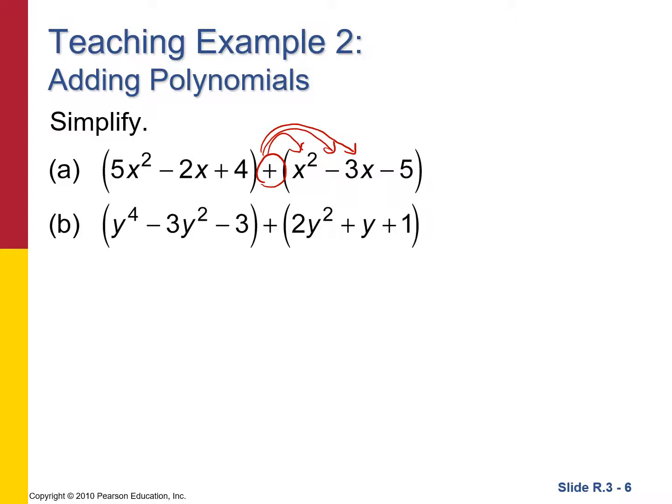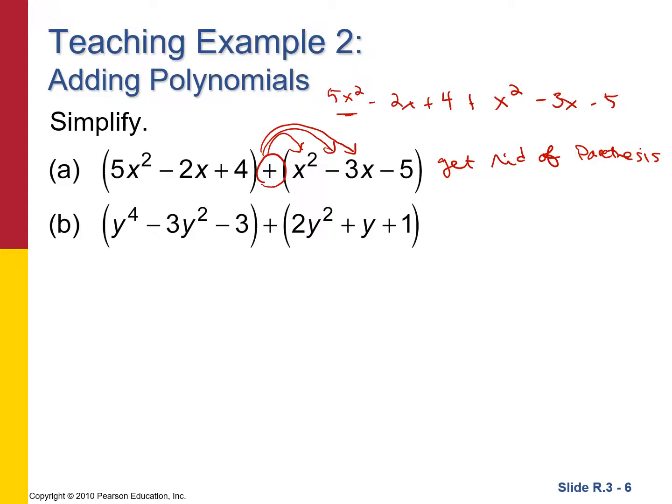We're going to do 5x squared minus 2x plus 4 plus x squared minus 3x minus 5. All right, so we needed to get rid of the parentheses. And then let's combine like terms.